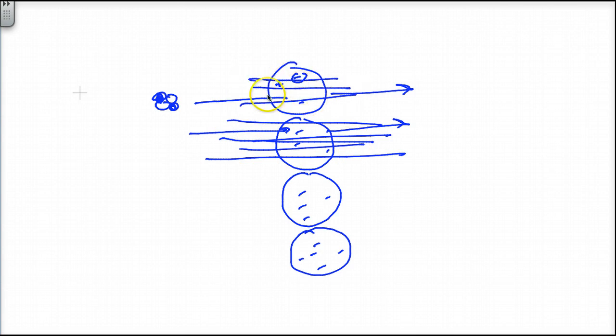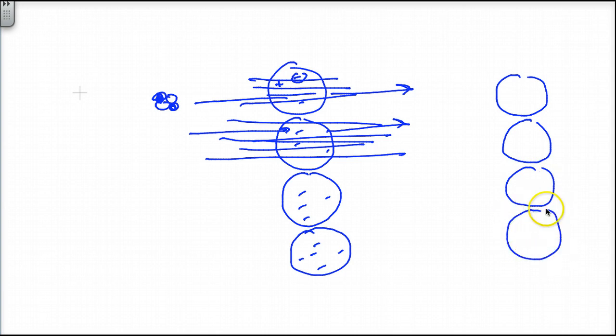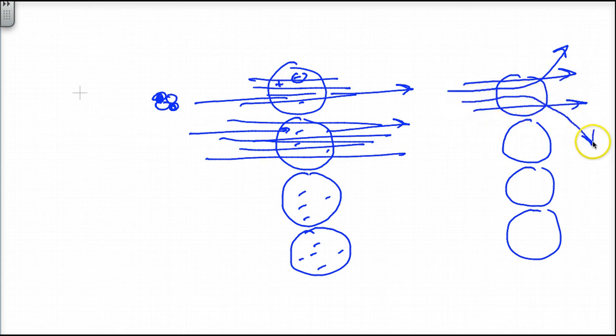Okay? But what really happened was, if I redraw the atom, or a very thin piece of atom, some of these deflected. Most of them still went right through, as we would suspect, but what we didn't suspect is these big deflections. And what we didn't suspect is the ones that almost bounced straight back.